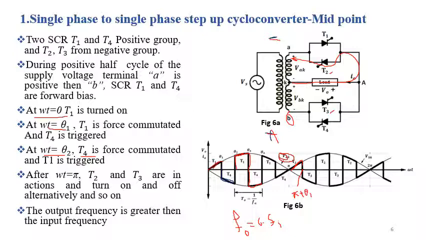T2 is force commutated, and we trigger thyristor T3 and the current will start flowing like this, and we are getting the same polarity of the input voltage at the output, which is negative, which means we are getting the VAK envelope portion at the output.